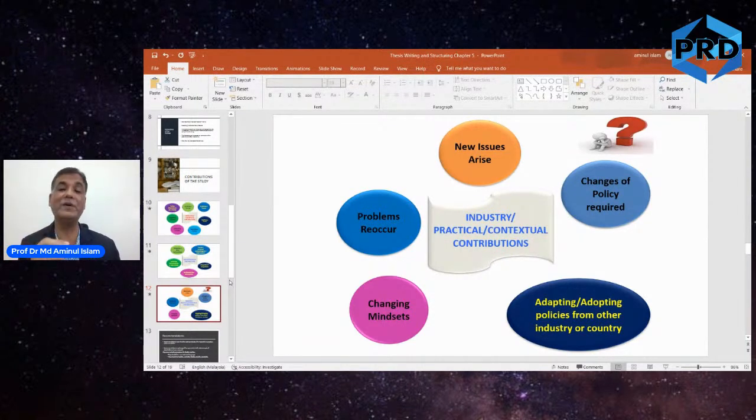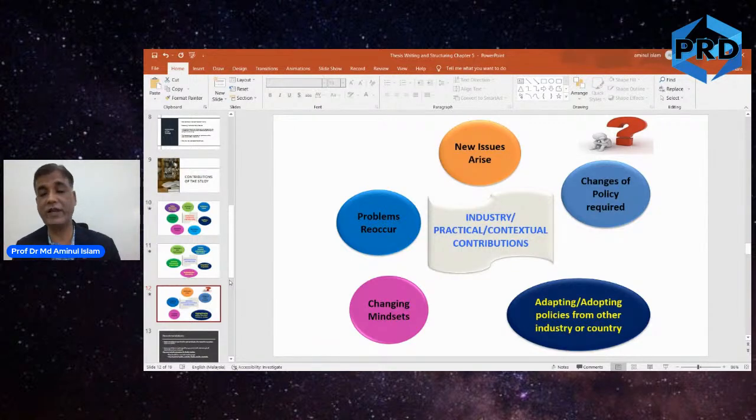It would be very good, you know. The maturity of a researcher would be exhibited if you raise new issues in chapter 5. You have provided solutions to the research question that you talked about in chapter 1. At the same time, you are raising new issues which require researchers to take them up and conduct new research.